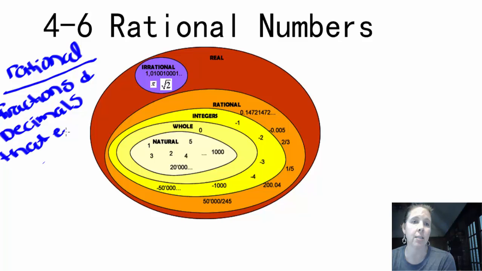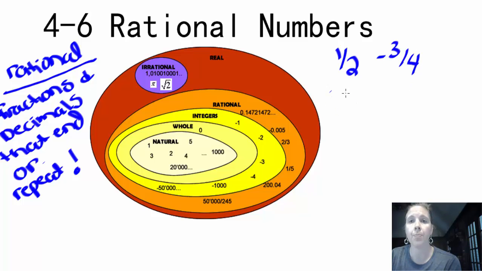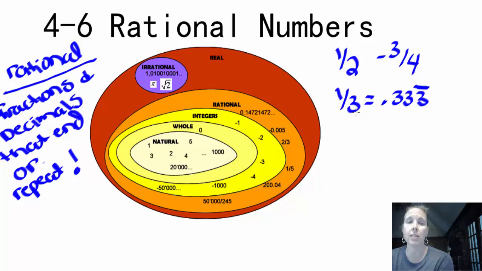The decimals end, the book will use terminate, end, or repeat a pattern. Okay, so some examples: 1/2, -3/4, 1/3, which can be written as 0.333 repeating, and since it repeats, it can be written as a fraction. And so, yes, that is a rational number.